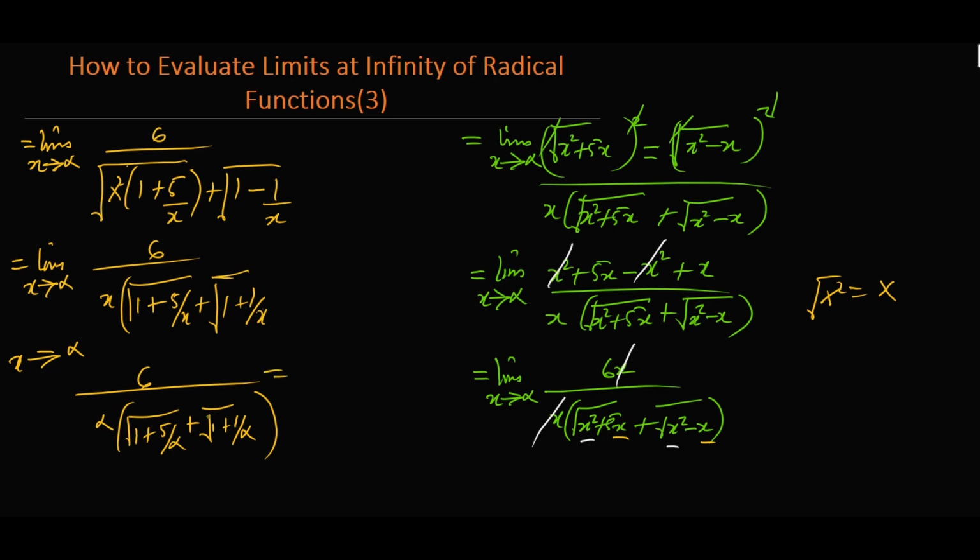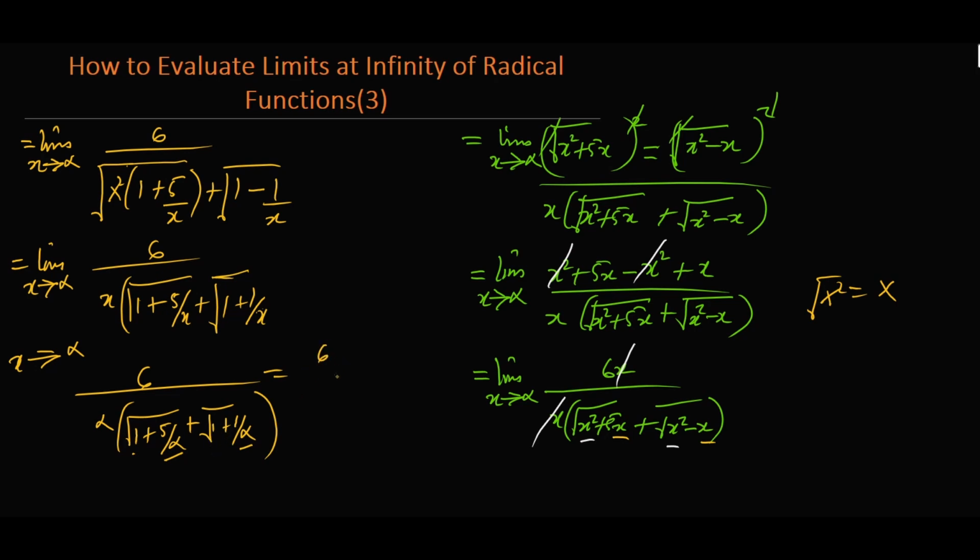And if we go further to simplify this, we see that 5 over infinity is 0. The same thing, 1 over infinity is 0. So we have root 1, which is 1, plus 1 here, which is 2.